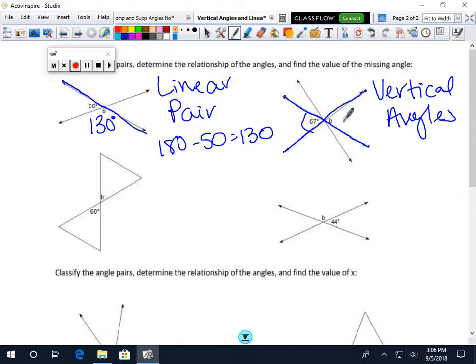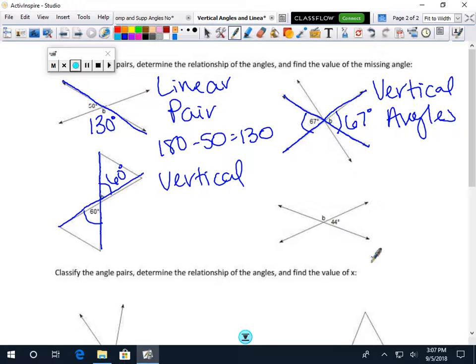Since this angle is 67, angle B would be 67. On this next example, these are vertical angles. I have two lines that intersect and they form angles on the opposite side. So these are vertical. Since this angle is 60, angle B would also be 60.